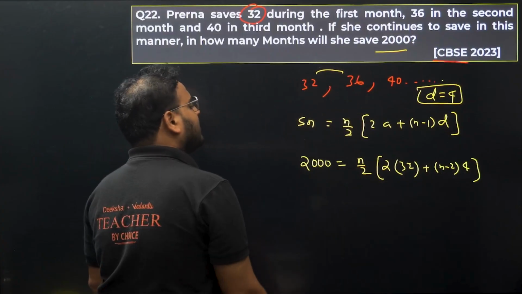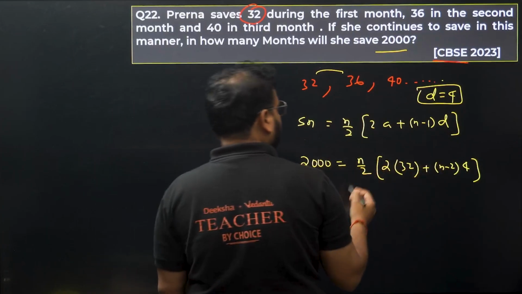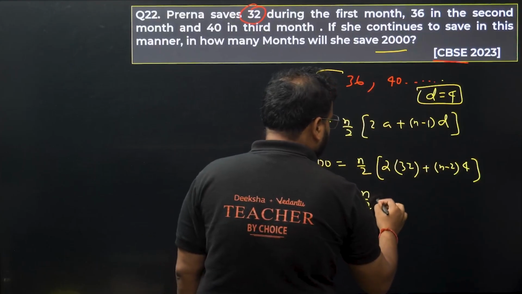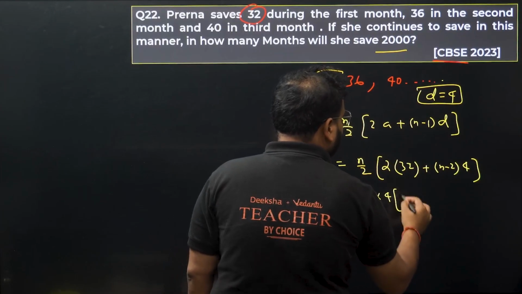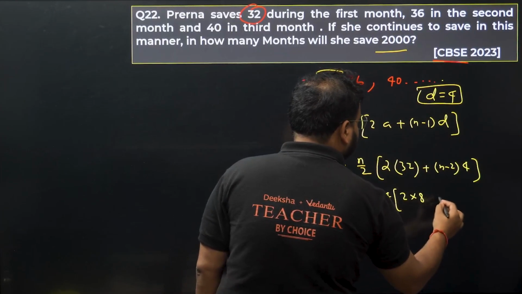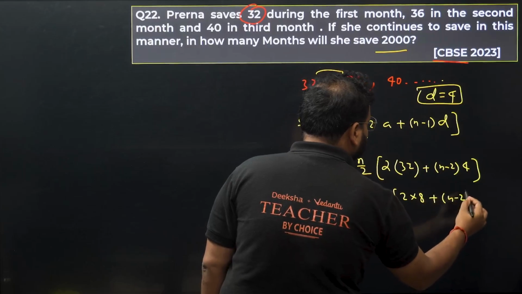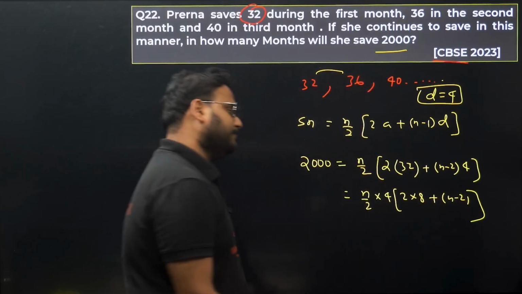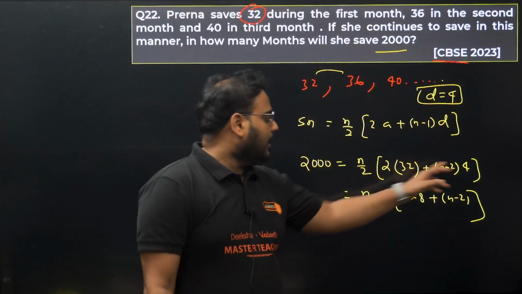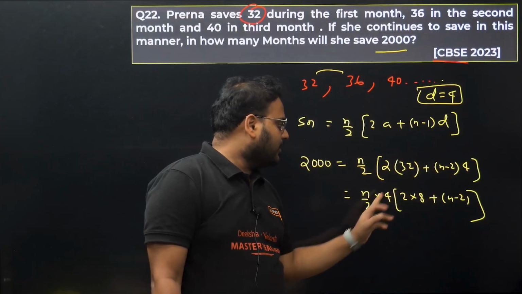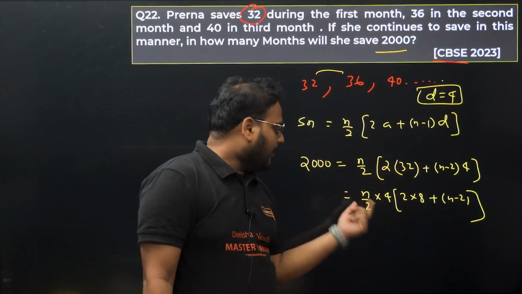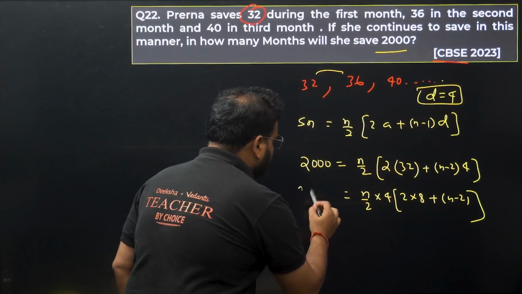Okay, let's do one thing. You can take 4 common over here. You get n by 2 into 4. You'll have 2 into 8 plus n minus 1. Please cross check. What I've done over here, I've taken 4 common. So this 4 comes out, and this over here 4 into 8 is 32. This is 2000.